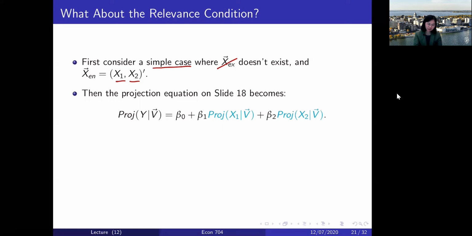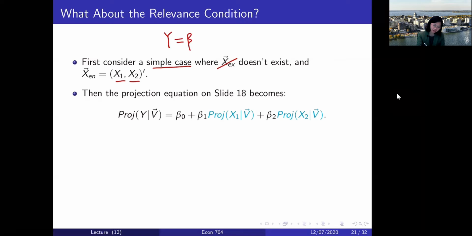Then the projection of y on all the exogenous variables, which is the vector of instruments now, will be given by beta 0 plus beta 1 times the projection of x1 on V plus beta 2 times the projection of x2 on V, where beta 1 is the causal effect of x1.